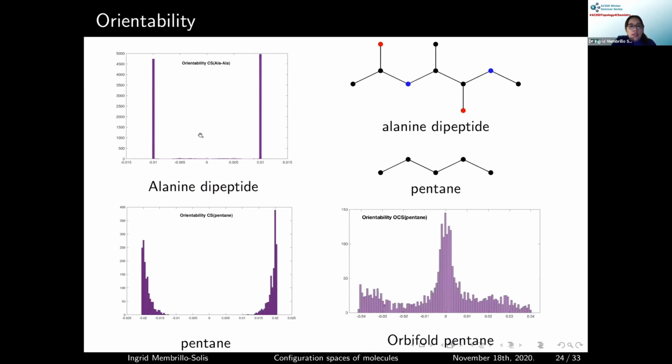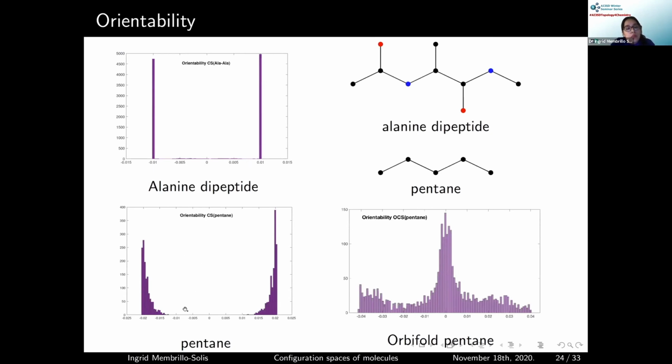In the case of alanine dipeptide, we obtained that this is an orientable space, which is what we expected, because this is our benchmark molecule. We knew exactly what to expect, which coincides with what we have.